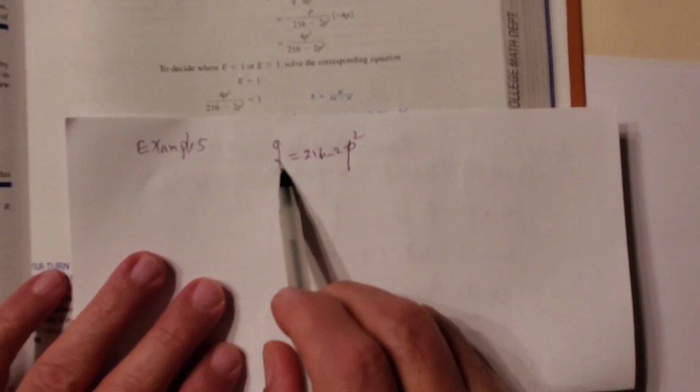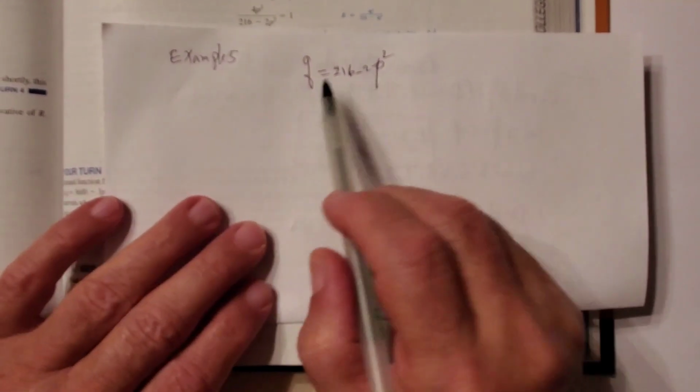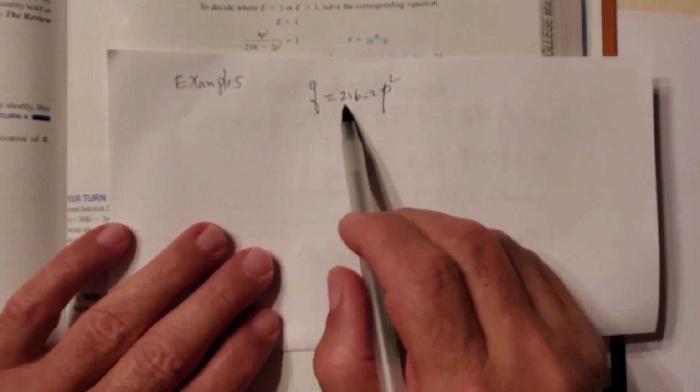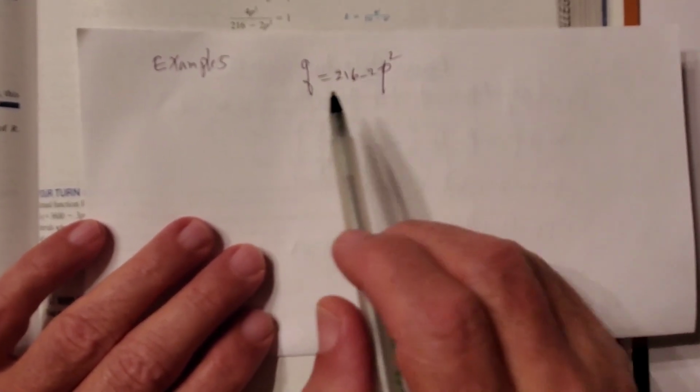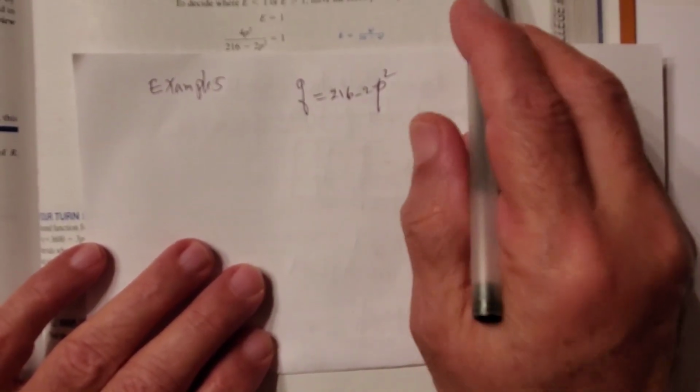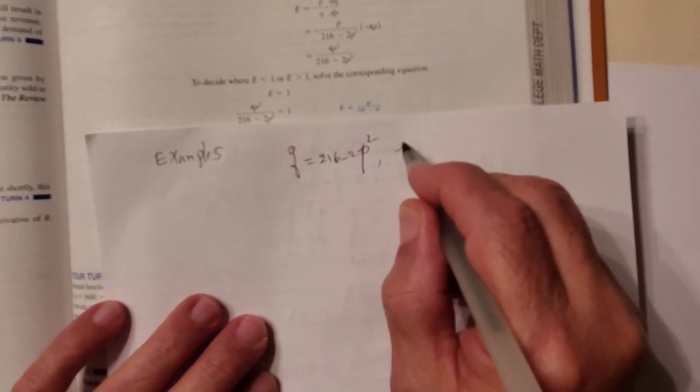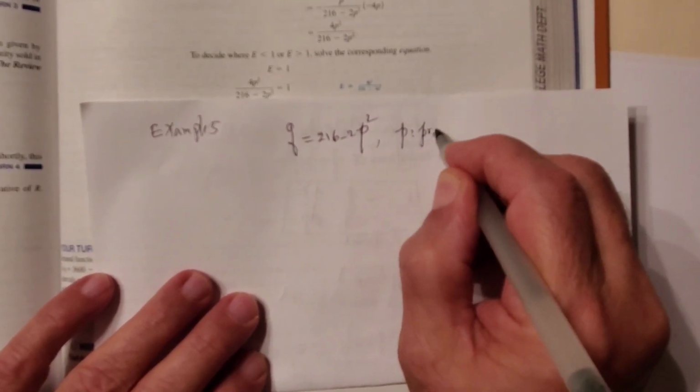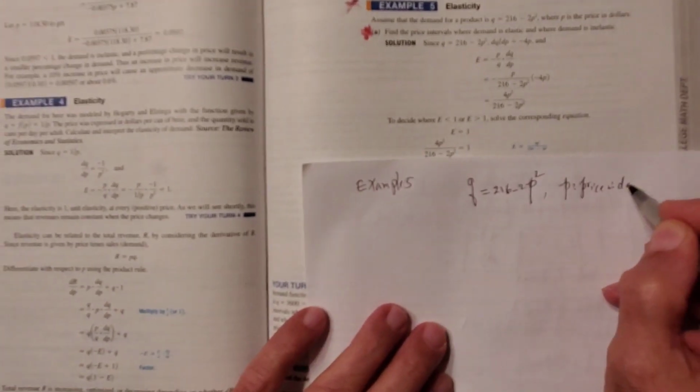So you have a demand in terms of price. Q is the demand function 216 minus 2p squared, where p is the price in dollars.